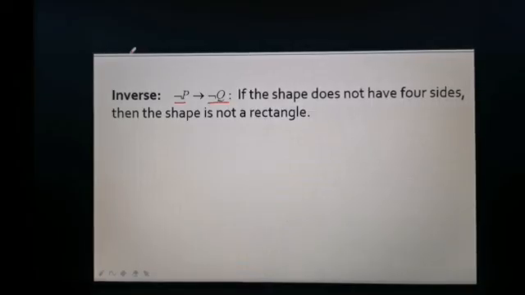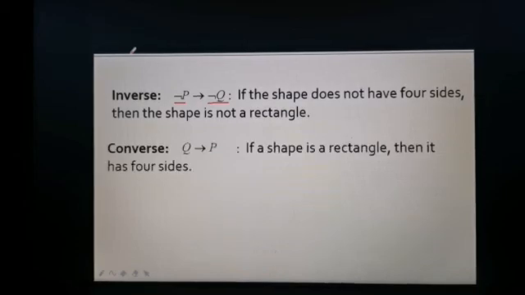For the second one, we also have converse. The symbol for converse is, since we are going to interchange the premise and the conclusion, that becomes, if Q, then P. Now the statement will become, if a shape is a rectangle, then it has 4 sides.